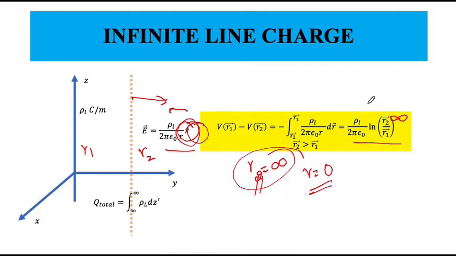The reason this happens is that the electric field for a point charge goes as 1 by r squared, and an integral of 1 by r squared will give you a finite value at infinity, whereas the field of a line charge, and the field of a sheet charge or plane charge that we are going to talk about in coming slides, will go as 1 by r or a constant.